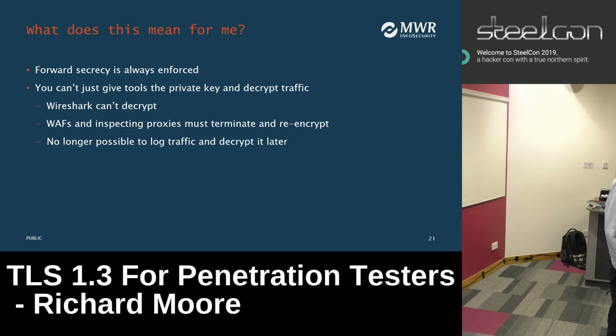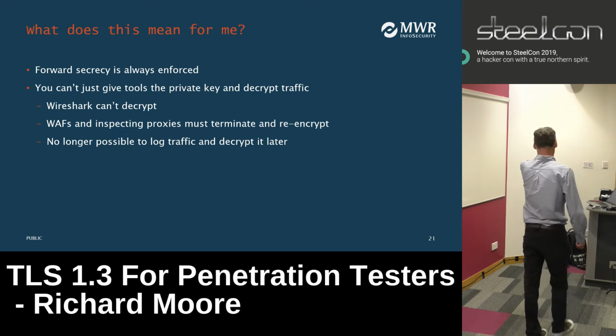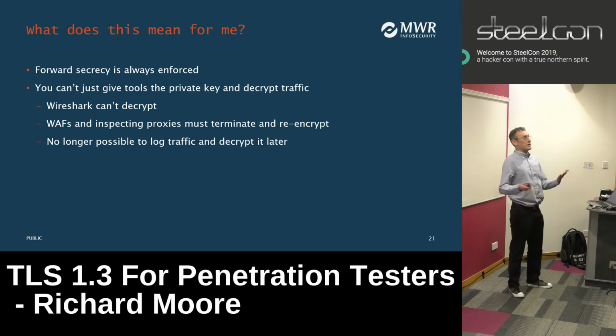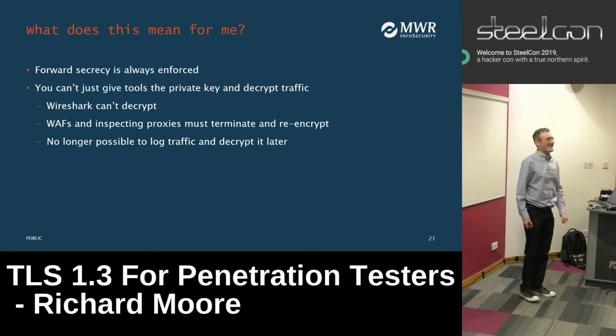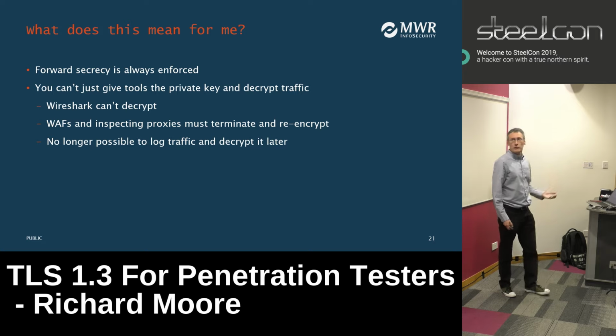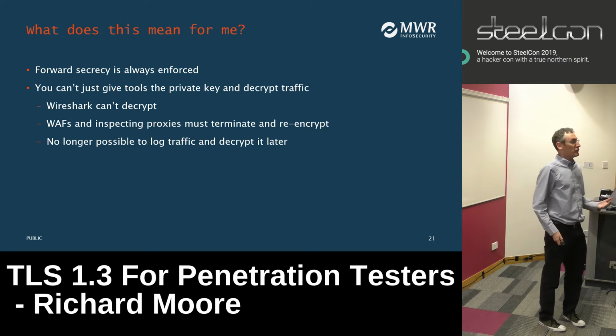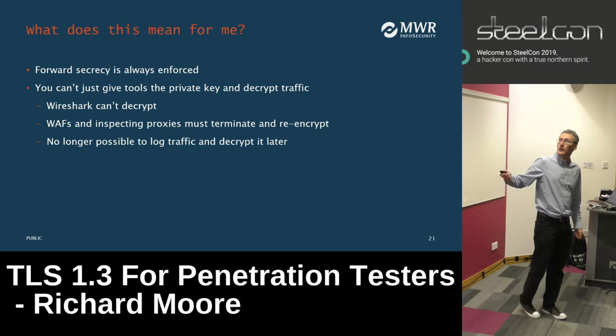Yes. But so what? You're not transmitting any sensitive data at that point. So we've always got forward secrecy, and you can't just take the traffic and decrypt it later.